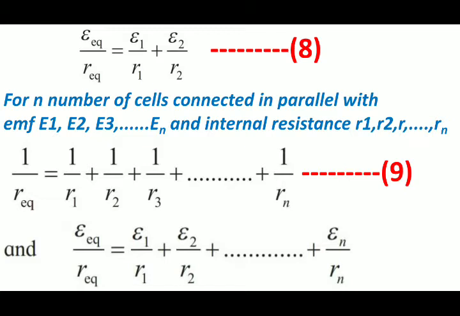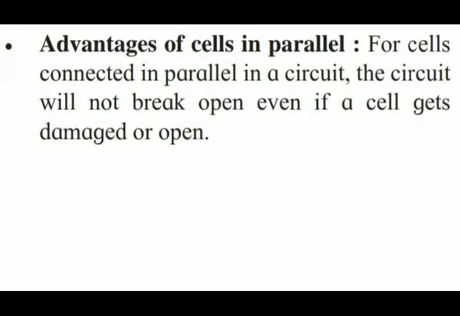Then we have seen some advantages and some disadvantages of cells connected in parallel combination. One advantage is that for cells connected in parallel in a circuit, the circuit will not break open even if a cell gets damaged or open.